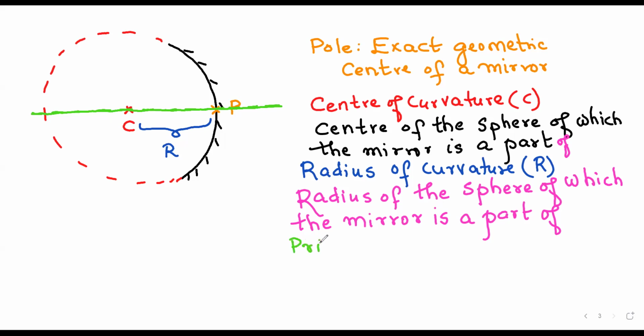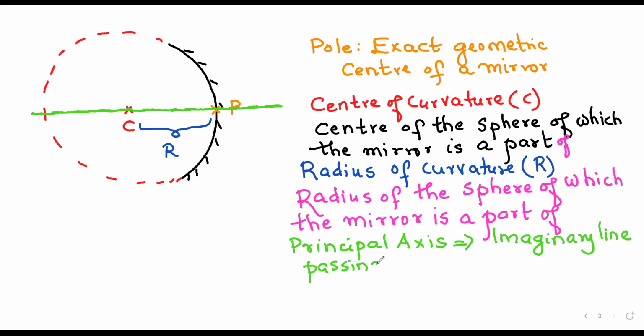So, what is principal axis, children? It is the imaginary line passing through center of curvature and pole. Every mirror will have only one principal axis.